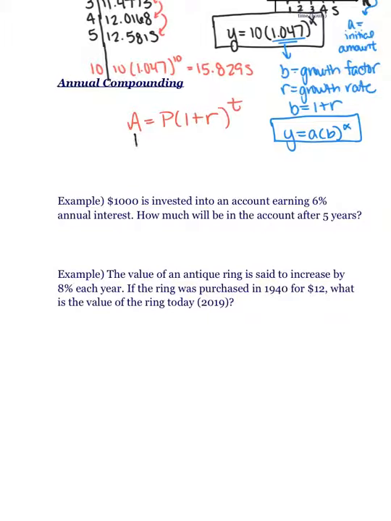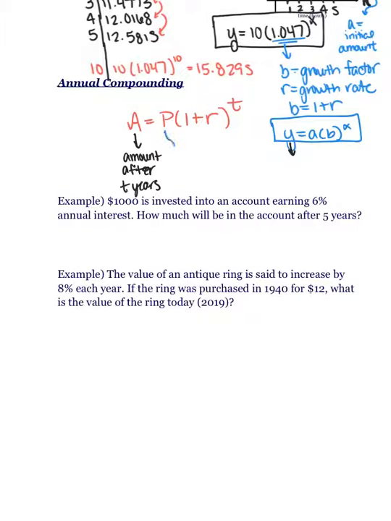So this A is going to stand for the amount in the account after T years, usually T years. It could be a different form of time, but usually it's years. And that A is the same as this Y right here.